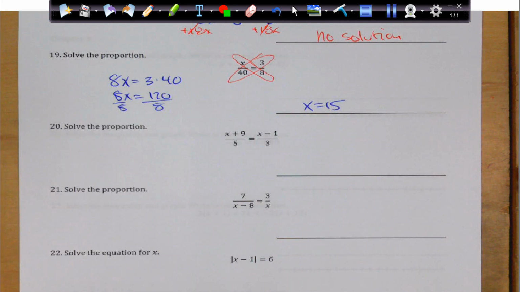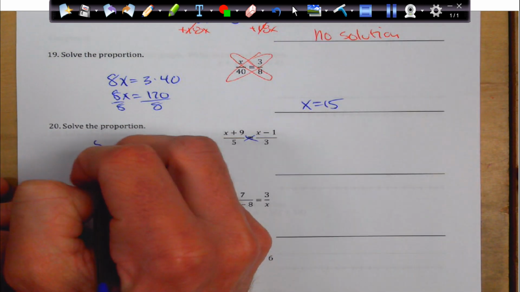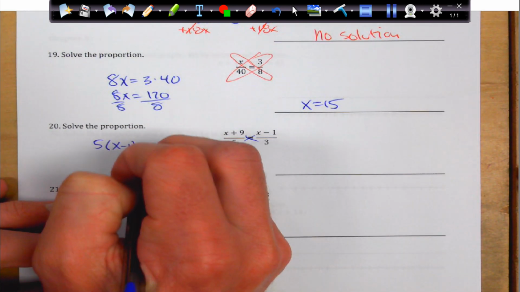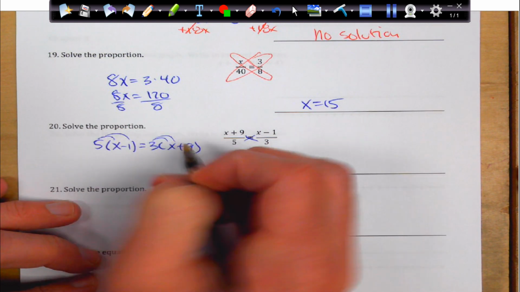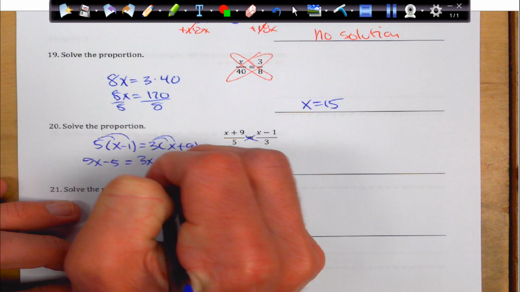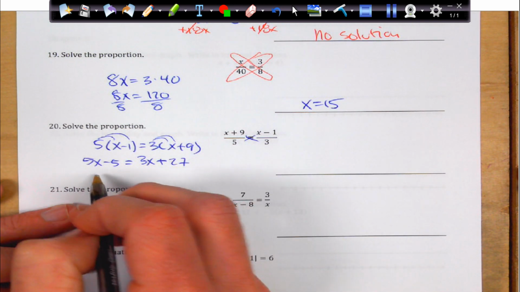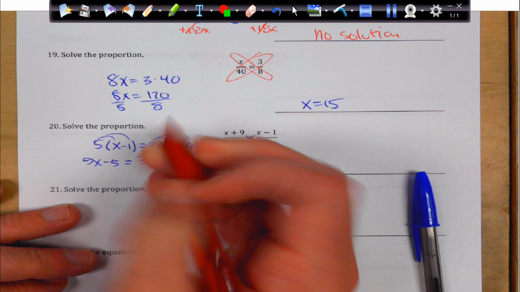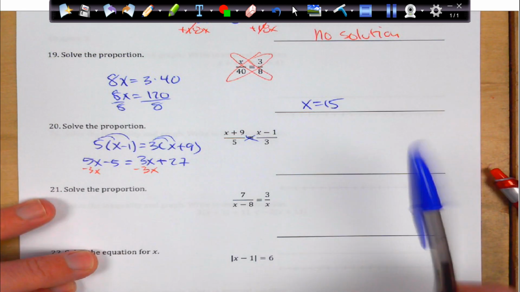We could do it again, and in fact we can do it 2 more times. Make sure here we write it out because we're going to have to distribute. So distribute, we get 5x minus 5 equals 3x plus 3 times 9 is 27. Let's subtract the 3x to get 2x.